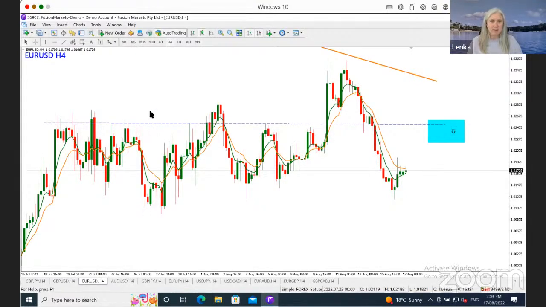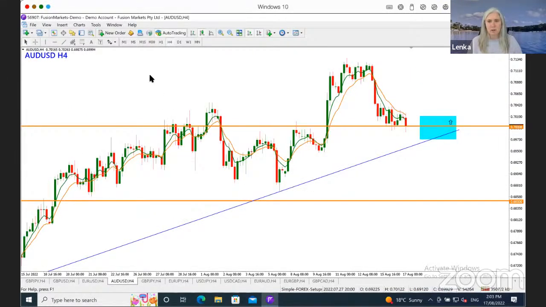The next currency pair I'm looking at is AUD-USD. And AUD-USD, I'm looking at long. So we've had the price go up, was last week. Now we've got the pullback on the daily.